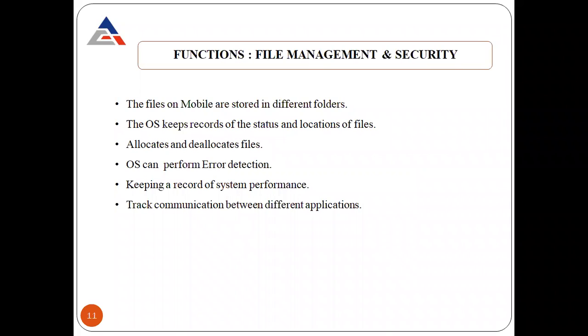So files on mobile are stored in different folders to organize data in a particular way. The operating system keeps a record of the status and allocation of the file. So which file is stored where, at which location, the operating system has to keep a record of it by keeping the path by which the data is stored.